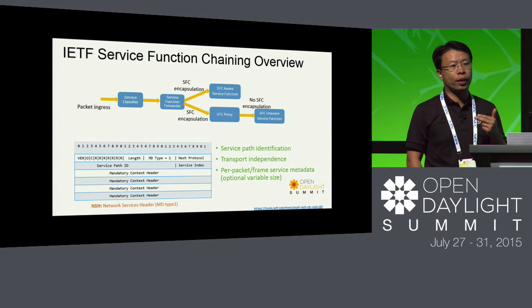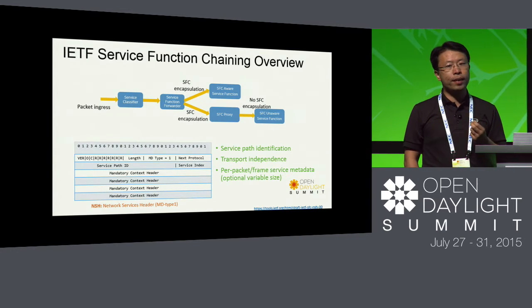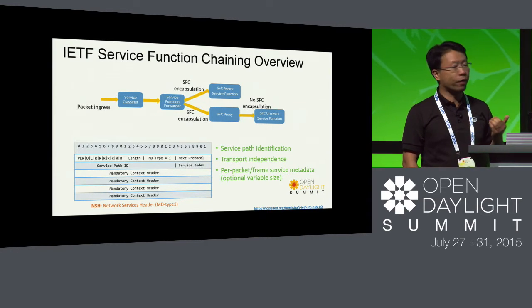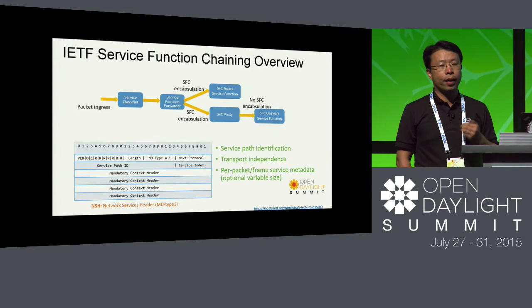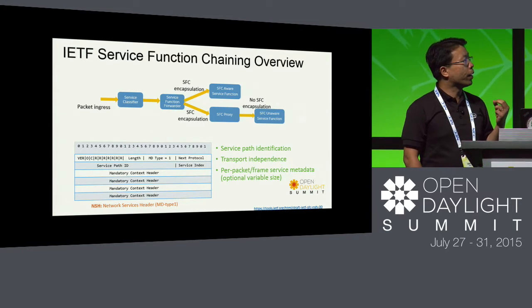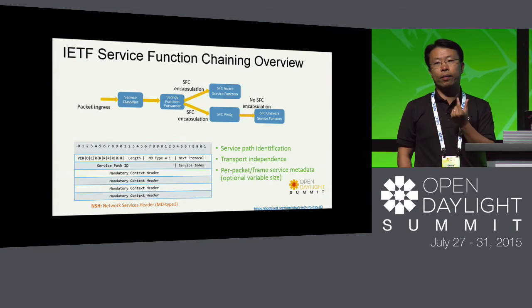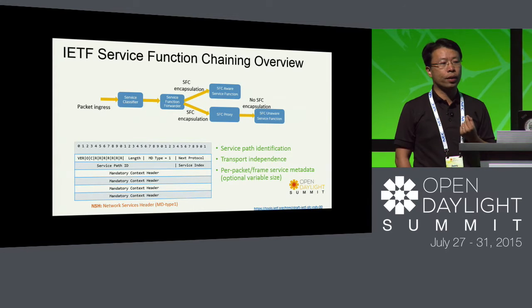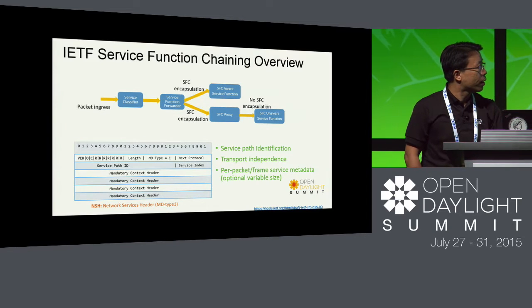Without that, you just do layer 2 to layer 4 classification. Then, based on policy downloaded from the SDN controller, it can encapsulate the original packet with a new data plane header, which is called the NSH, standing for Network Service Header.